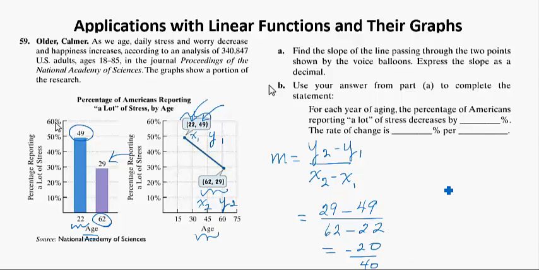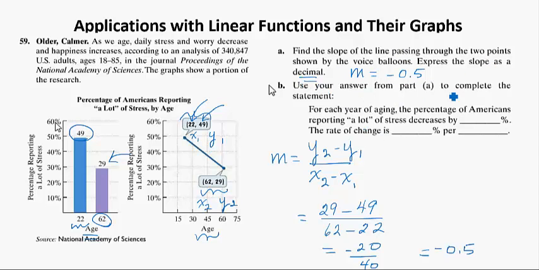And when we divide this out, 20 divided by 40 is going to be 1/2, or 0.5. So that's going to give me a negative 0.5. All right, so we found the slope. So the slope is negative 0.5. It's asking us to express it as a decimal.